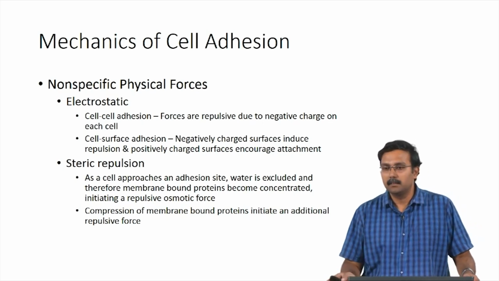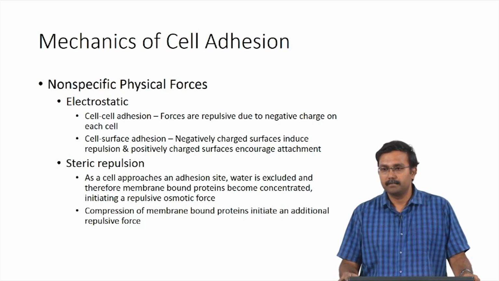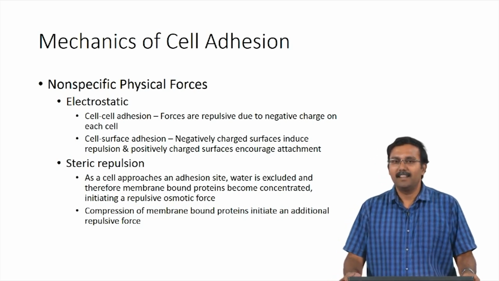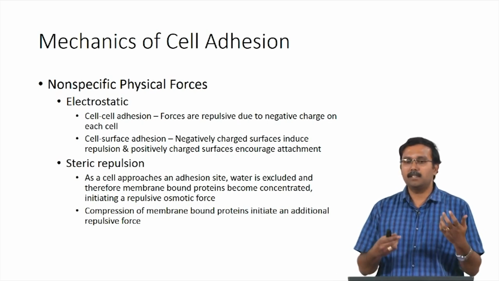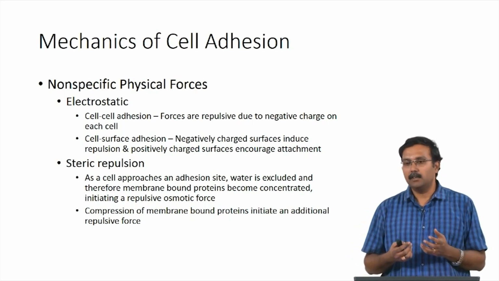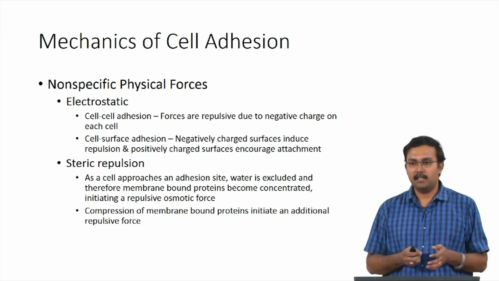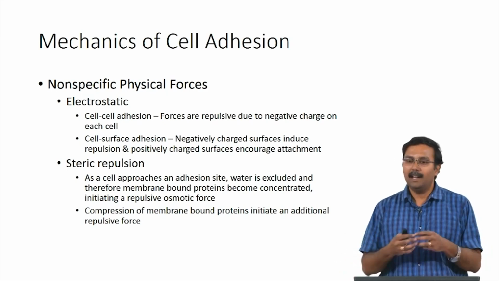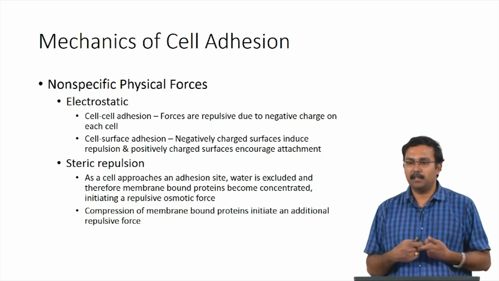Sir, if naturally two cells both have negative charges and repel each other, how do they adhere? Yeah, it depends on how far away they are and which forces actually have the biggest impact. It is not going to be one force which is acting. You have electrostatic forces, steric repulsion, van der Waals forces, and then you have the specific interactions because of the ligand receptor interactions.